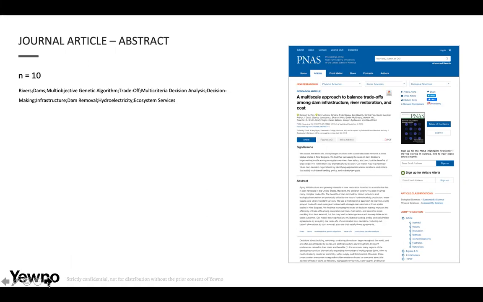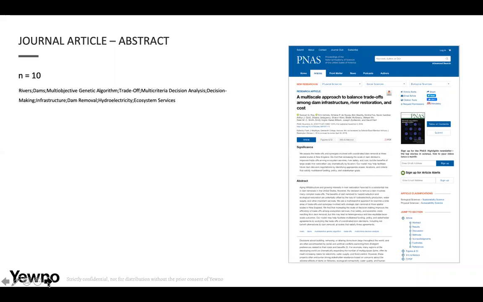So I'm going to start off with a journal abstract. So you can see here a journal abstract, and from this, 10 items have been extracted. There's a huge variation when you look at metadata in terms of the semantic metadata that is available. It can be anything from 0 keywords per item to, I think on average, about 3 to 8, occasionally more.